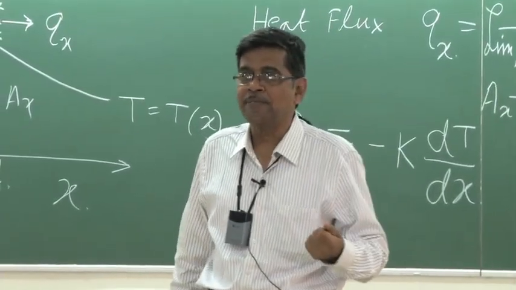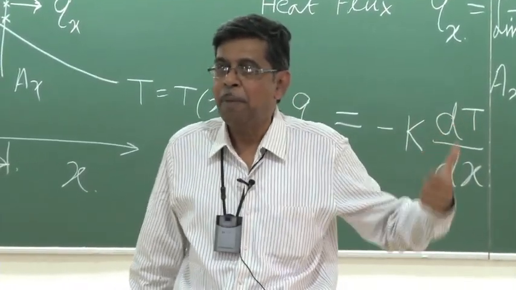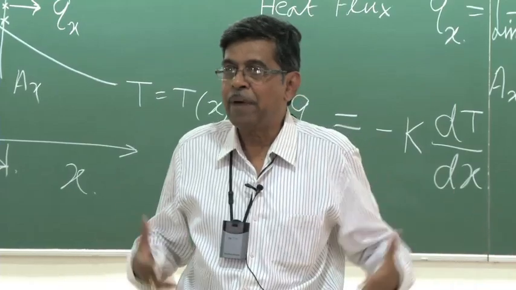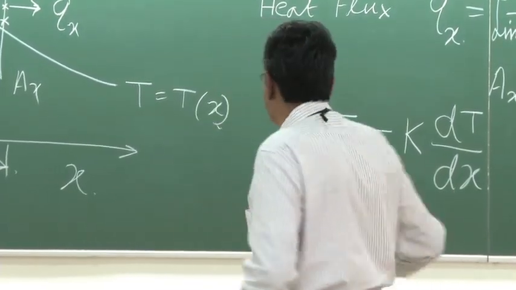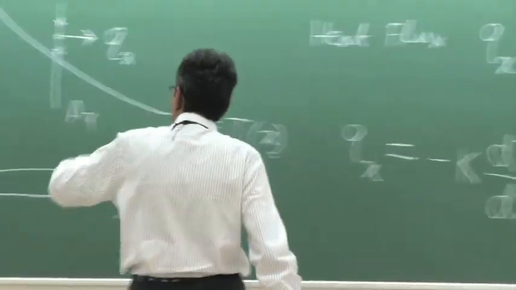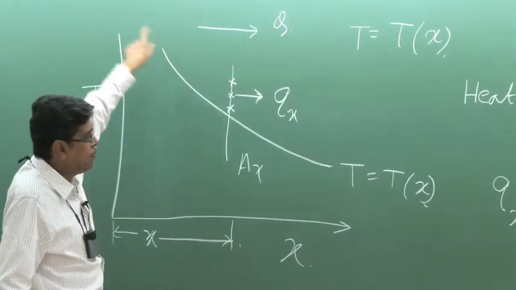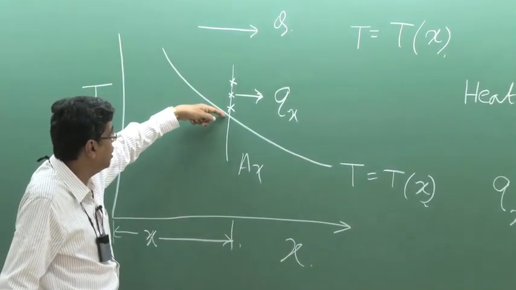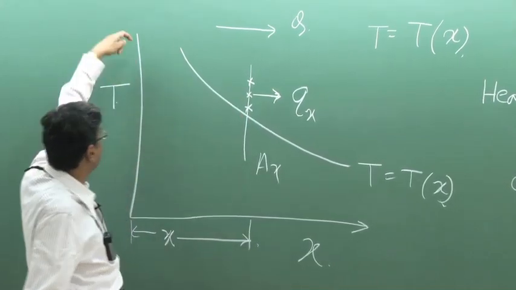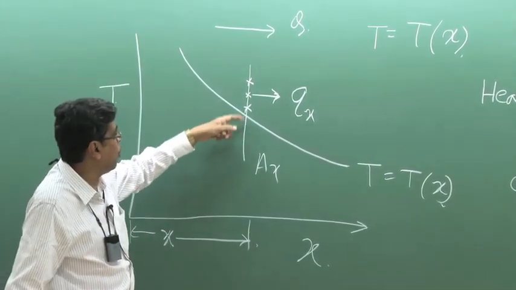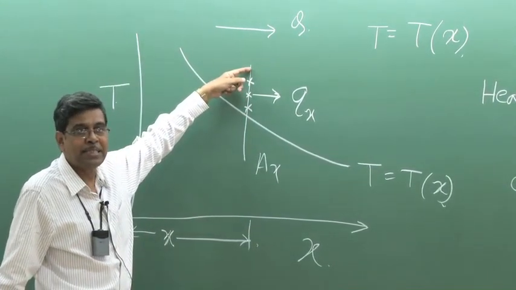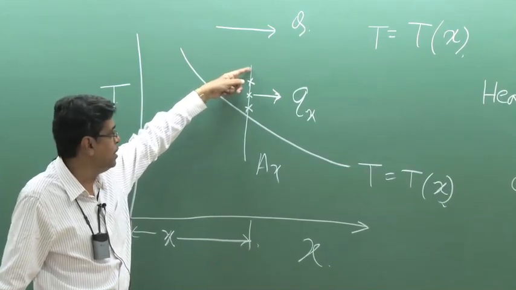Now the question comes here: it is a very simple case, but in practice temperature may have a variation in this direction also, if you consider this as the y direction. If temperature is a function of x, not of y, then at all points the temperature gradient will be the same, and heat flux will be the same.